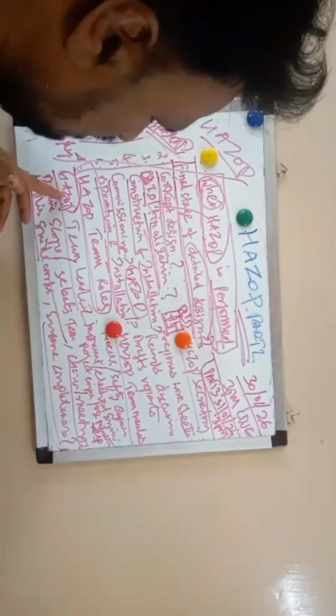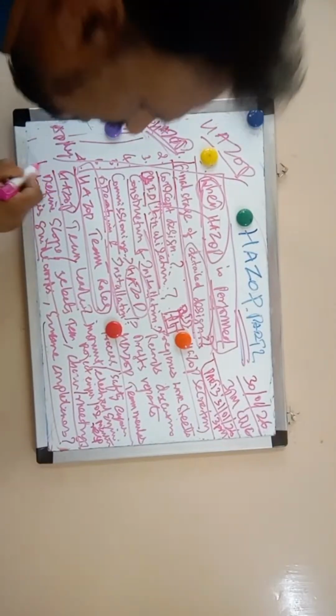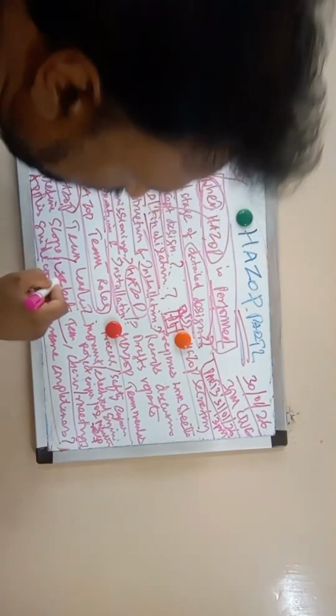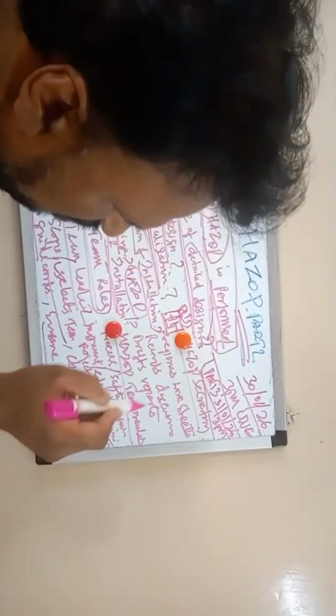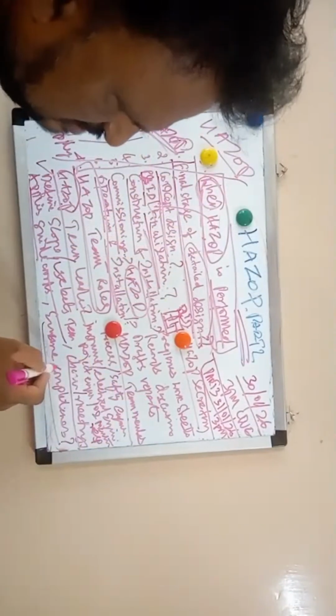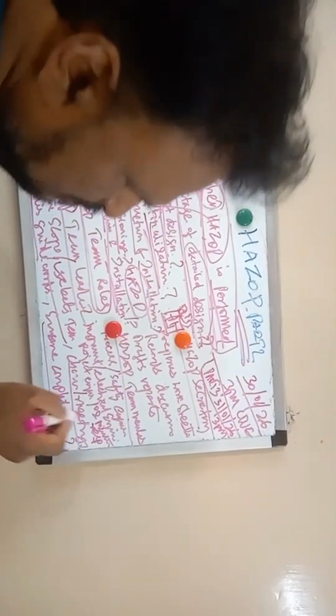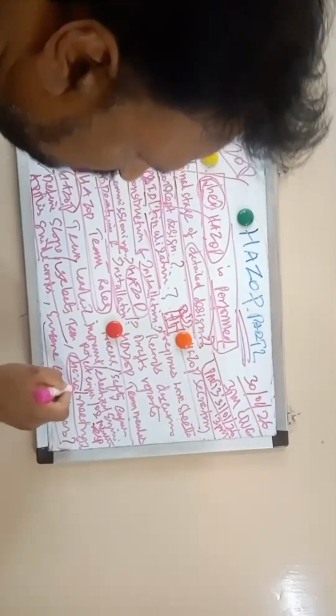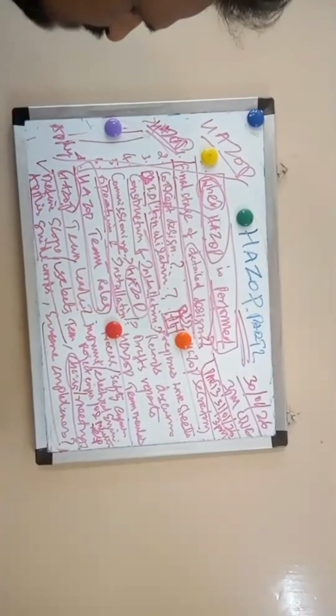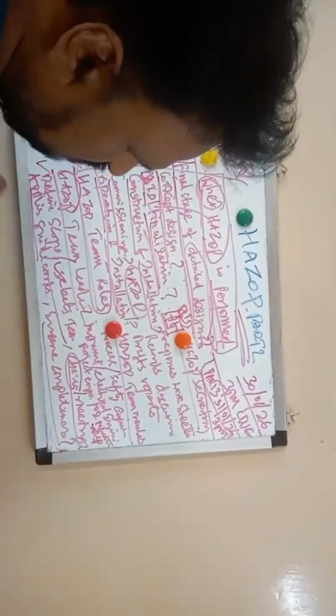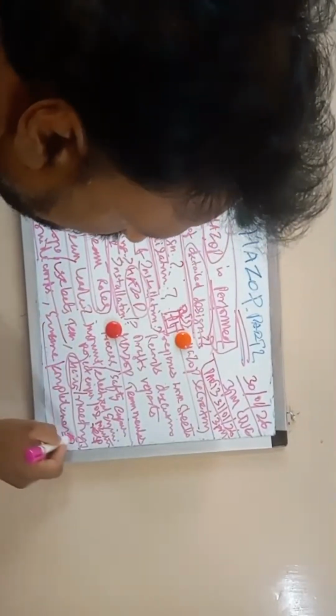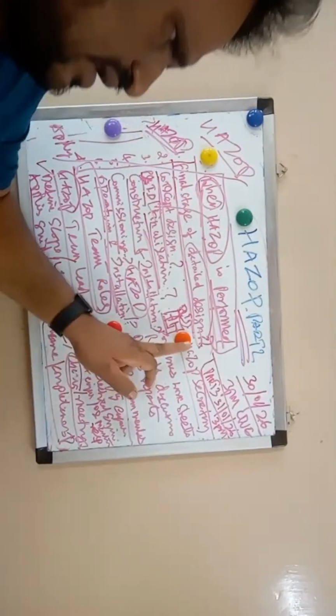That's why the HAZOP team leader has the detailed scope, selects the team, and always holds a chain of meetings. He is the chairman for the meetings. Whatever the HAZOP meeting, he is the chairman, applying the guide words and ensuring the completeness of the HAZOP. So this is the team leader.